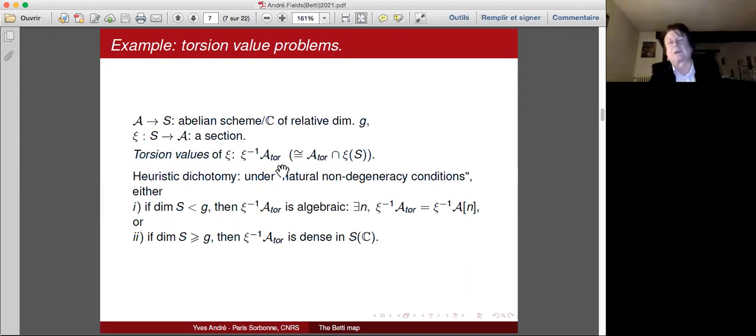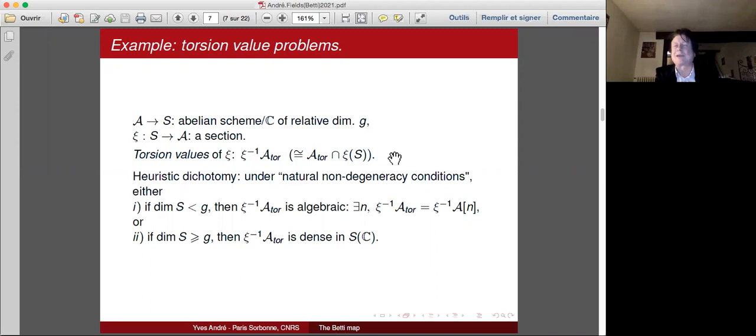So the torsion points are, of course, a countable union of subvarieties of A, and we intersect this countable union with an algebraic subvariety. So this is a typical unlikely intersection problem.